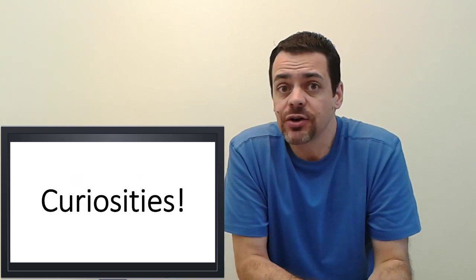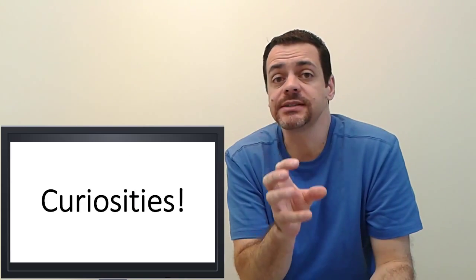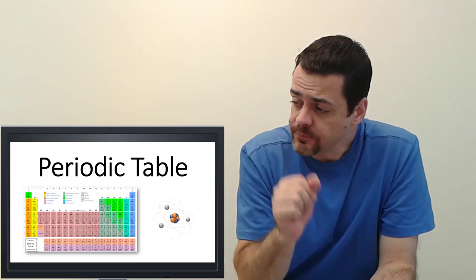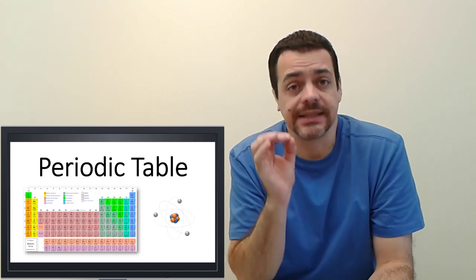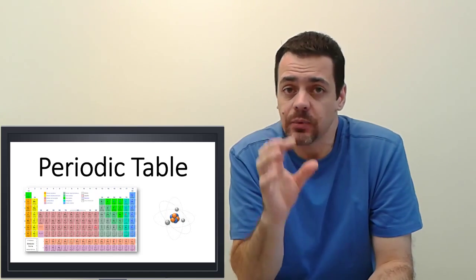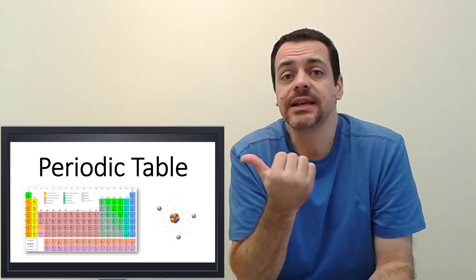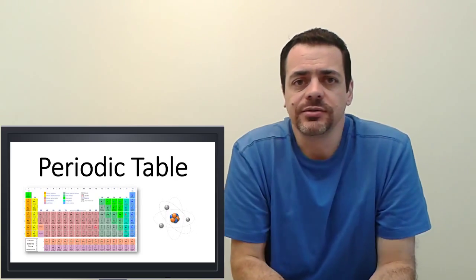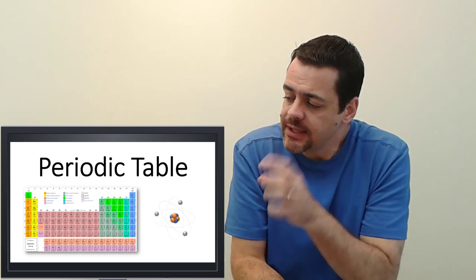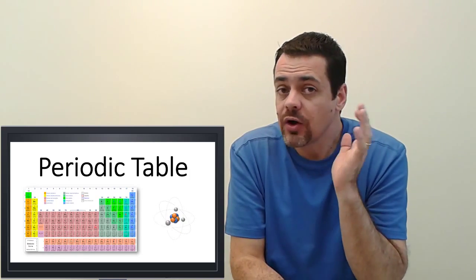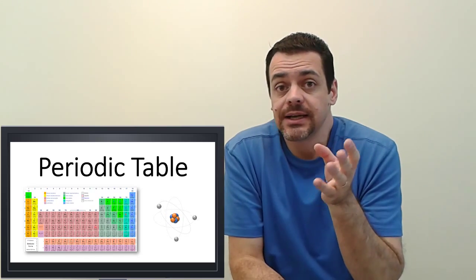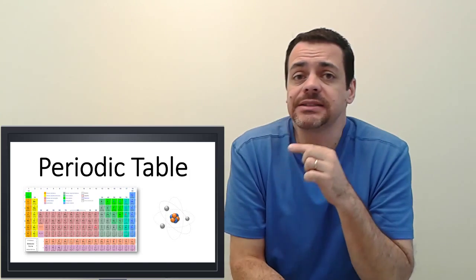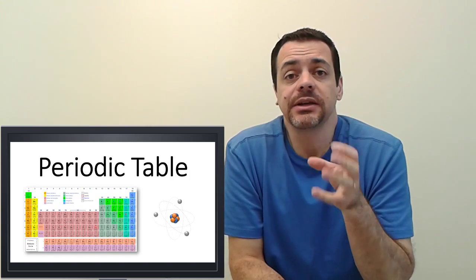But before, let's talk about some curiosities important to finally understand electricity. The first one is that every element we get in nature is listed in the periodic table. The normal periodic table that you use in chemistry classes. There we have the list of all elements, at least those humans know so far. And for each element listed here, we have some information.